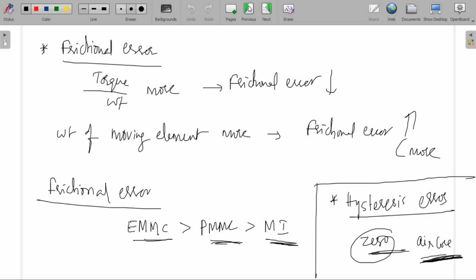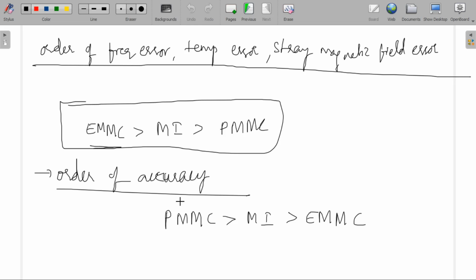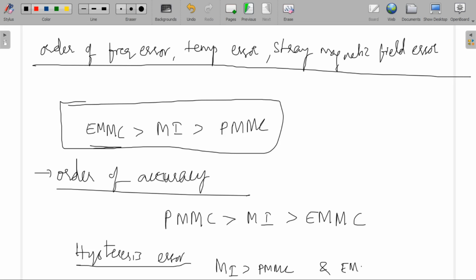Coming to hysteresis error. Anyhow, EMMC is having no hysteresis error. Error is almost zero. Okay. So MI instrument is having more hysteresis error when compared to PMMC. Okay, and in EMMC almost zero hysteresis error. Okay, thank you.